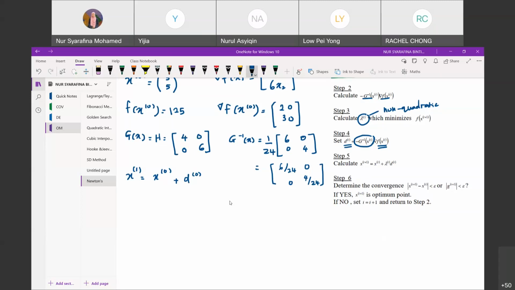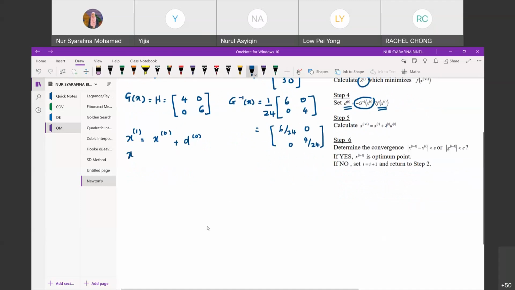This is obtained by x1 equals x0 minus G inverse at x0 times the derivative of f at x0. So we just use the values that you obtained here.